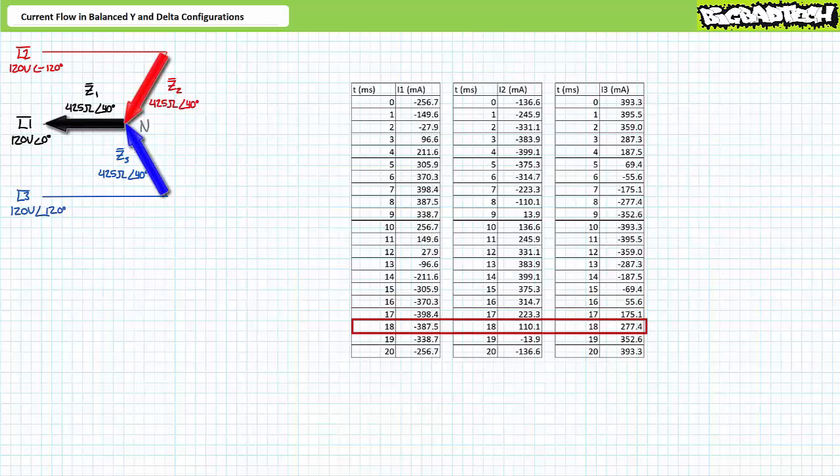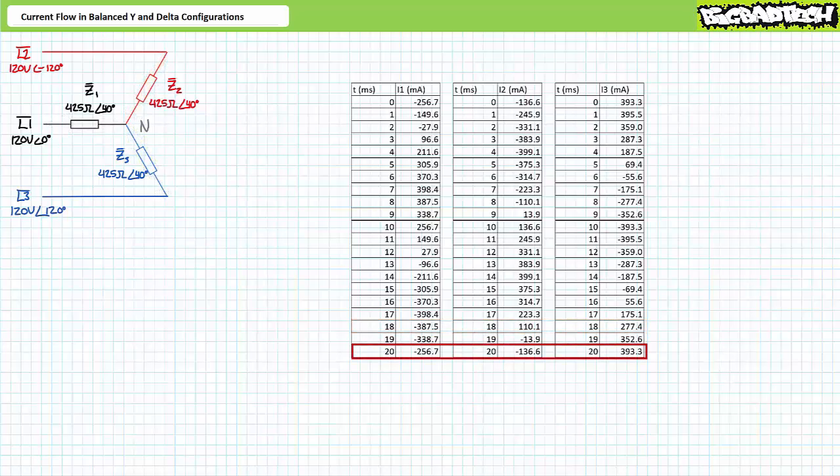At time t equals 18 milliseconds, 387.5 milliamperes is leaving the Y via impedance element Z1. 110.1 milliamperes is entering the Y via impedance element Z2, and an additional 277.4 milliamperes is entering the Y via impedance element Z3. 110.1 plus 277.4 does indeed equal 387.5. Finally, at t equals 20 milliseconds, the process again repeats itself.